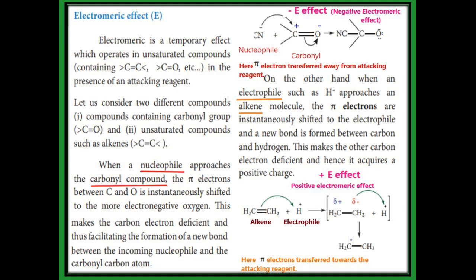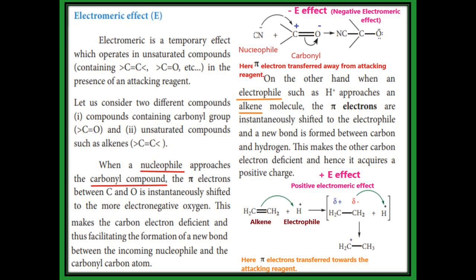What is a pi electron? In a double bond, one bond is a sigma bond and the other is a pi bond. The electron in that pi bond is called the pi electron. The pi electron is attracted by oxygen because oxygen is more electronegative than carbon. So in the carbonyl, carbon possesses positive character and oxygen possesses negative character.